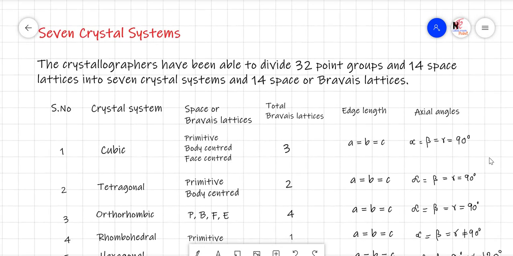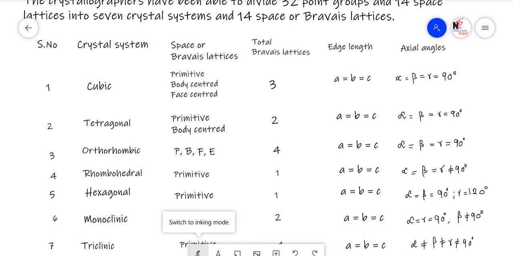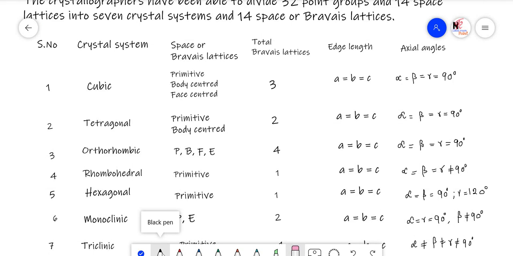Now let's see how to remember these 7 crystal systems. It is very easy to remember. First of all, we should remember the 7 basic crystal systems. The small trick is CT or HMT.